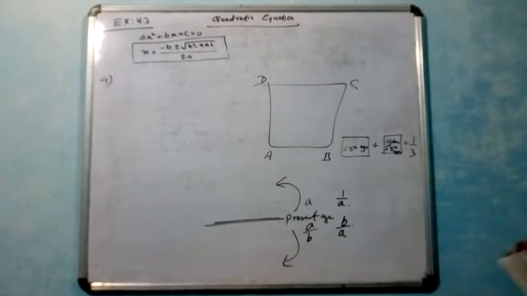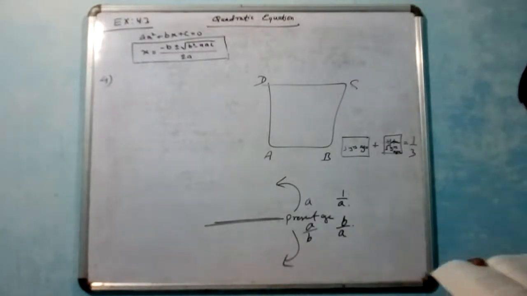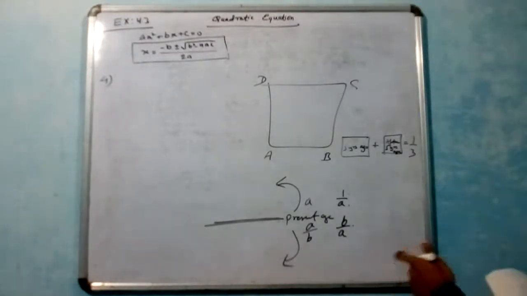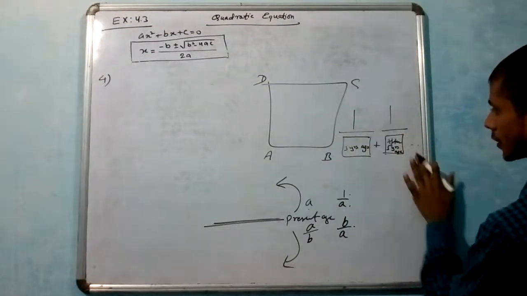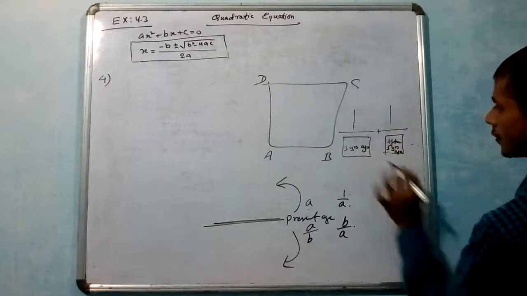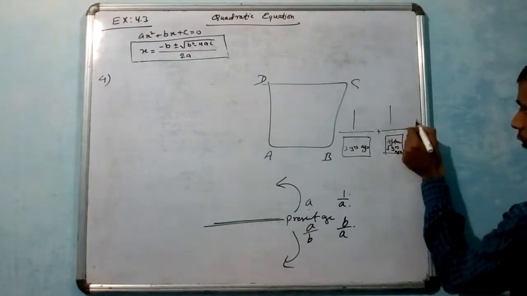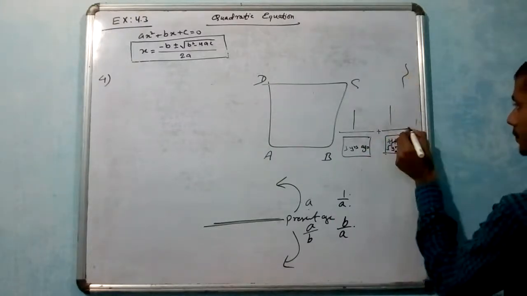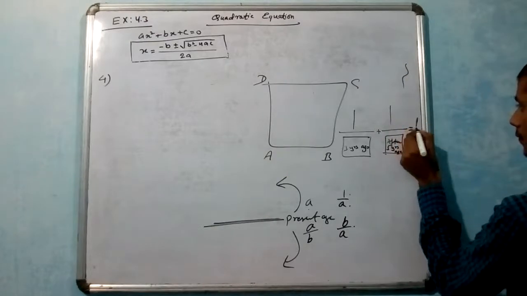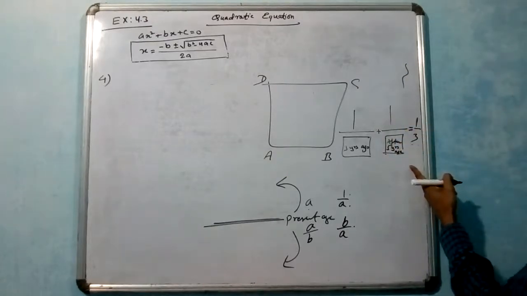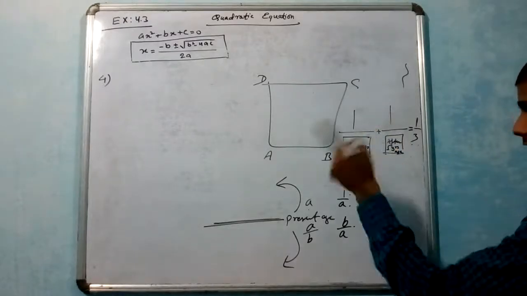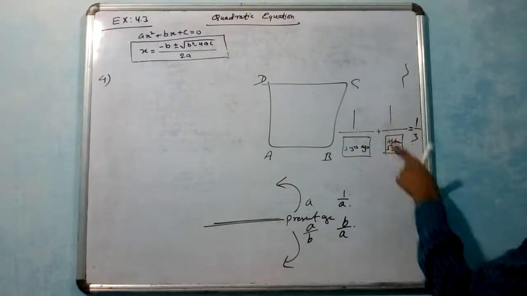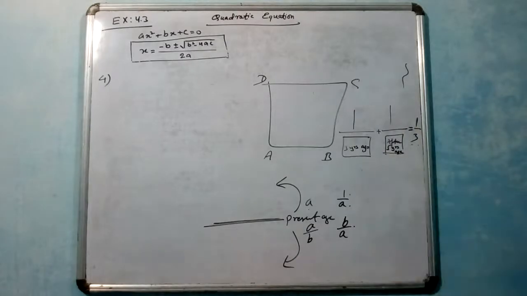It's not given just their ages; it is given that the sum of the reciprocals of their ages, meaning 1 by this, 1 by this, is equal to 1 by 3. Clear? 1 by Rahman's age 3 years ago plus 1 by Rahman's age 5 years after is equal to 1 by 3.